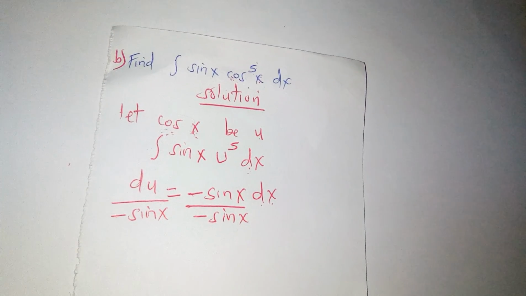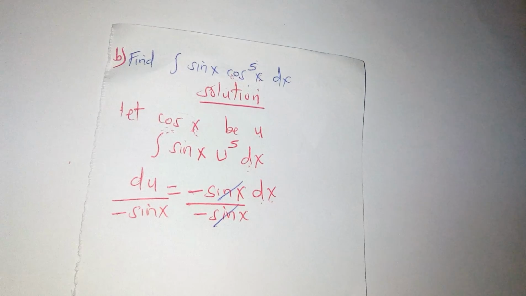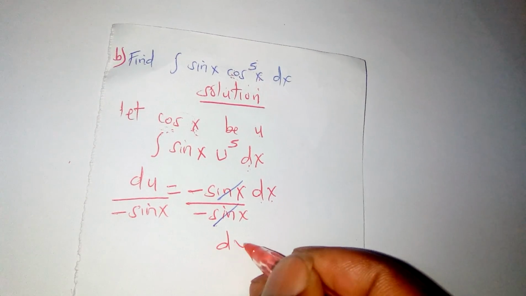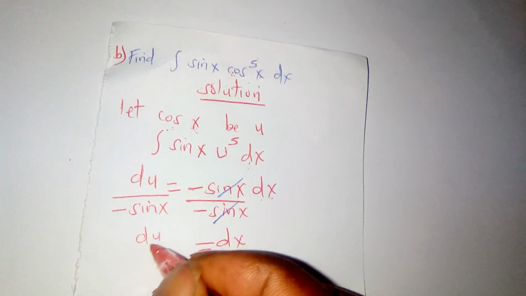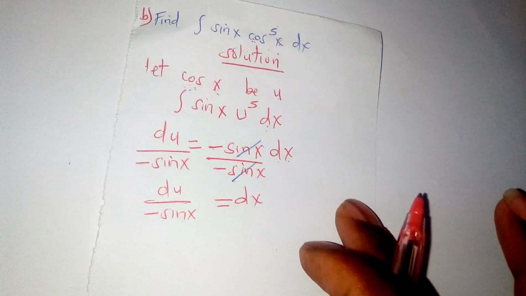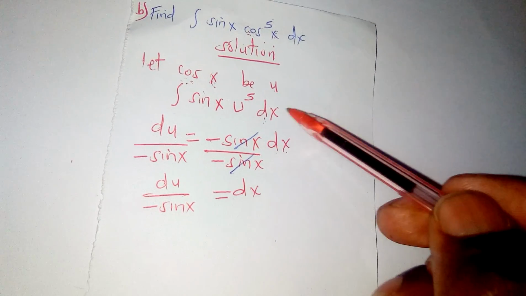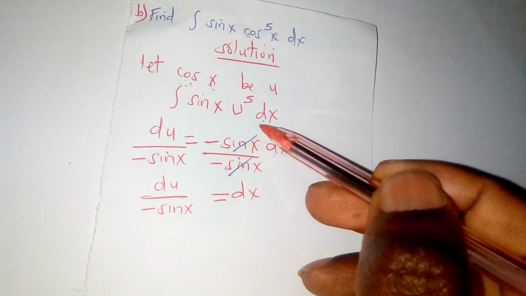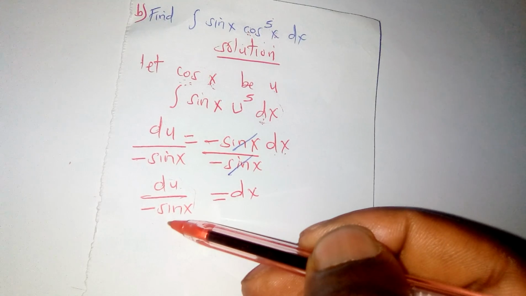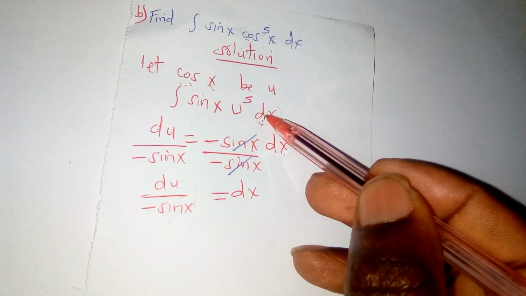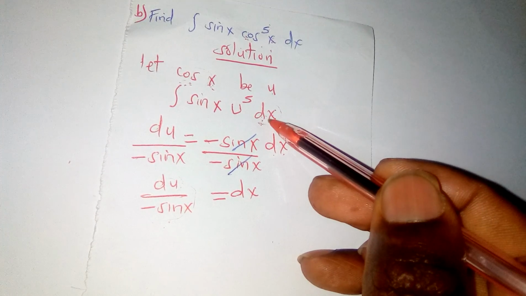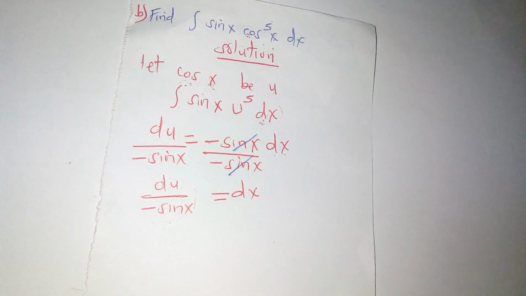Now friends, after doing such, you realize that this negative sine x goes with that negative sine x, such that you will remain with dx being equal to du over negative sine x. I think you are following. Now after that, remember that we are supposed to substitute dx with du over negative sine x. So where dx is here, you just require to write du over negative sine x. So that is it, and the rest just leave them the way they are.